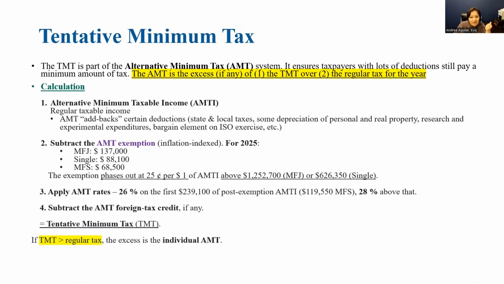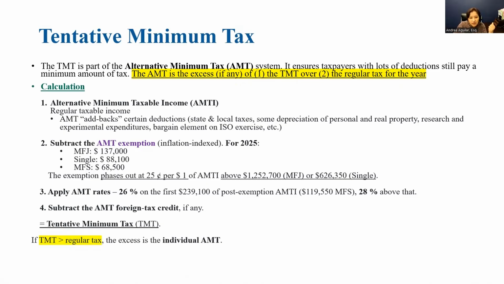minimum tax exemption. This is an amount that is adjusted for inflation, so you need to get these numbers for every tax year. So for tax year 2025, this AMT exemption amount is $137,000 for married filing jointly taxpayers.